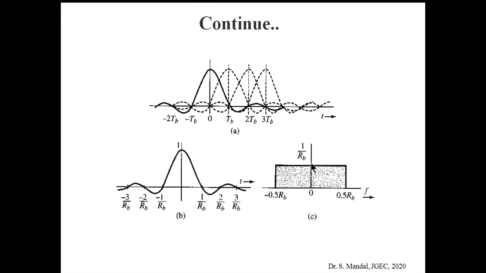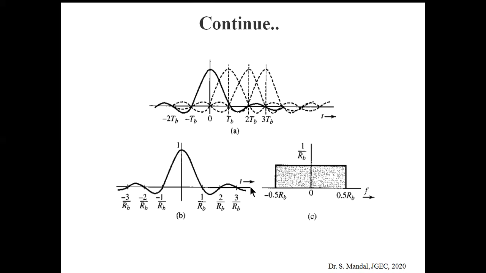That means in real life, proper realization of the sinc function is very difficult. If we can achieve a proper sinc function in real life, then we can achieve strictly band limited. You can see that after 0.5 Rb the corresponding value falls suddenly, sharply falling or sharply decreasing.